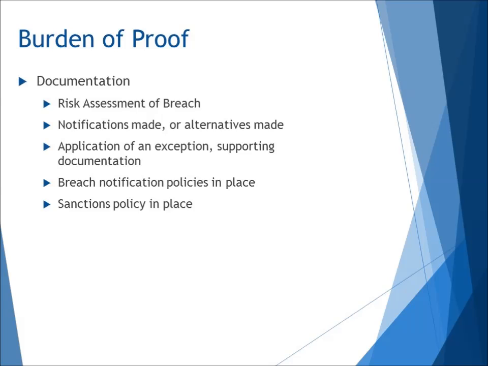With respect to an impermissible use or disclosure, the covered entity or the business associate should maintain documentation that all required notifications were made, or alternatively, documentation to demonstrate that notification was not required. So it's a risk assessment demonstrating a low probability that the PHI has been compromised, or the application of any other exceptions to the definition of a breach. So if you did determine that your incident was part of the exception, make sure you document that's how you came to that conclusion.